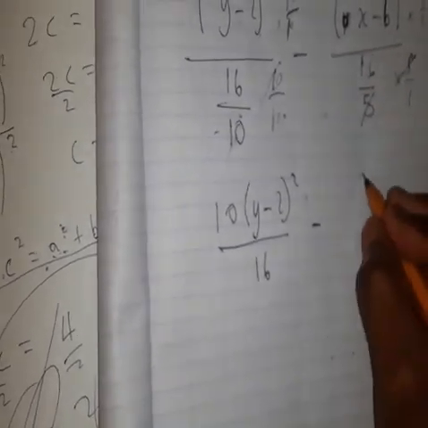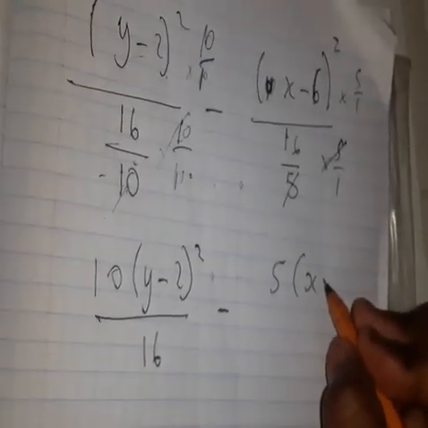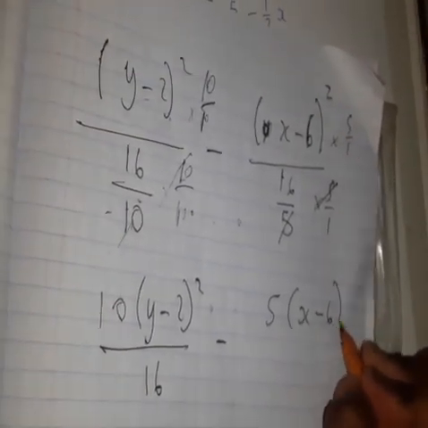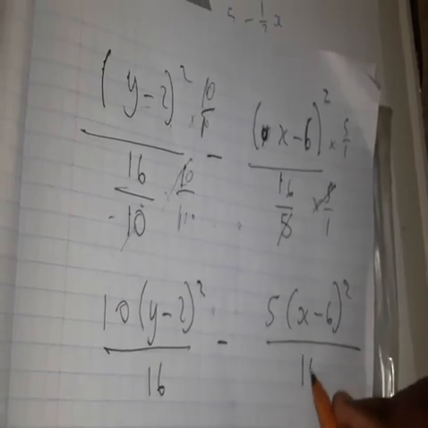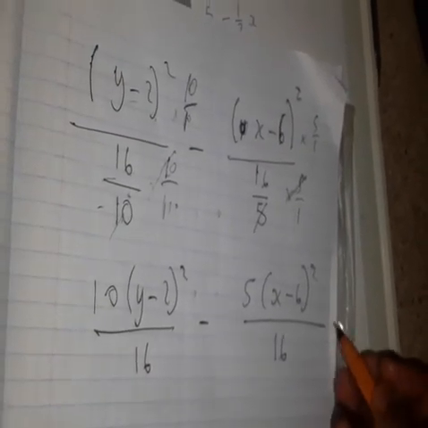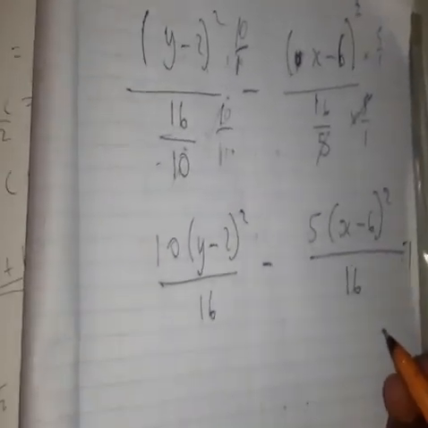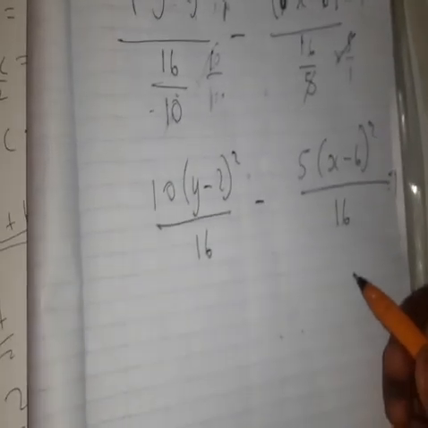So it's going to be 5 times x minus 6 squared divided by 16, equals 1. So ladies and gentlemen, this is the hyperbola we have.